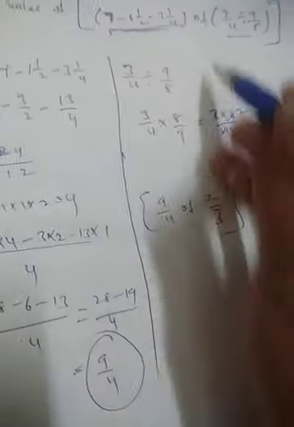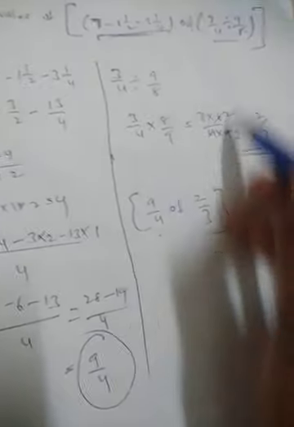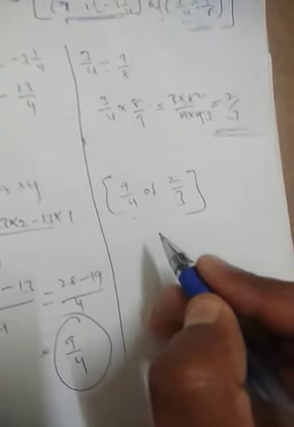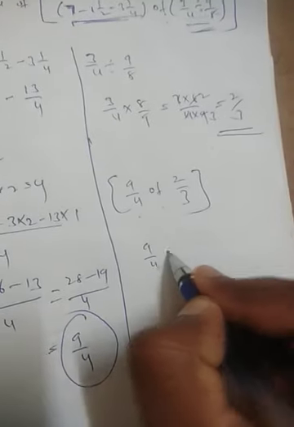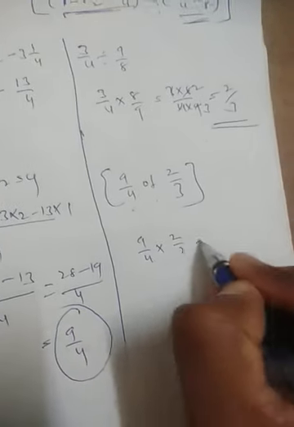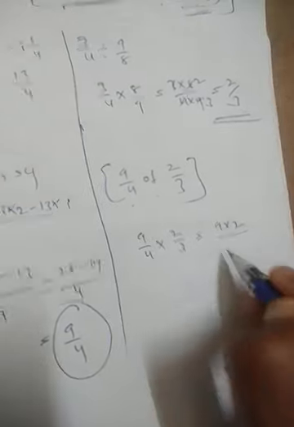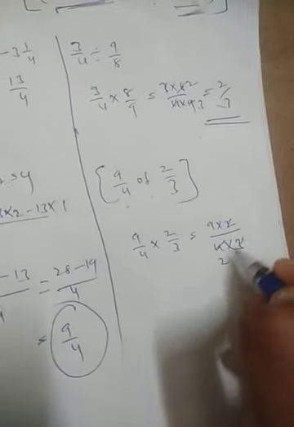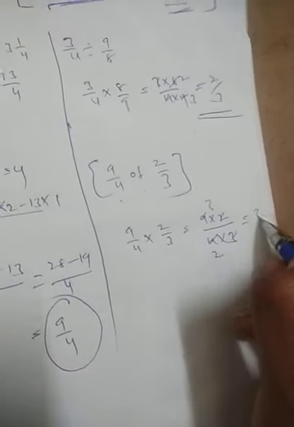I replace 9 by 4 and half we have. What is the value of this? 2 by 3. So here you can get 9 by 4 into 2 by 3. This can be given as 9 into 2 by 4 into 3. 2 1 ja, 2 2 ja, 3 1 ja, 3 3 ja. What is the value of this? 3 by 2.